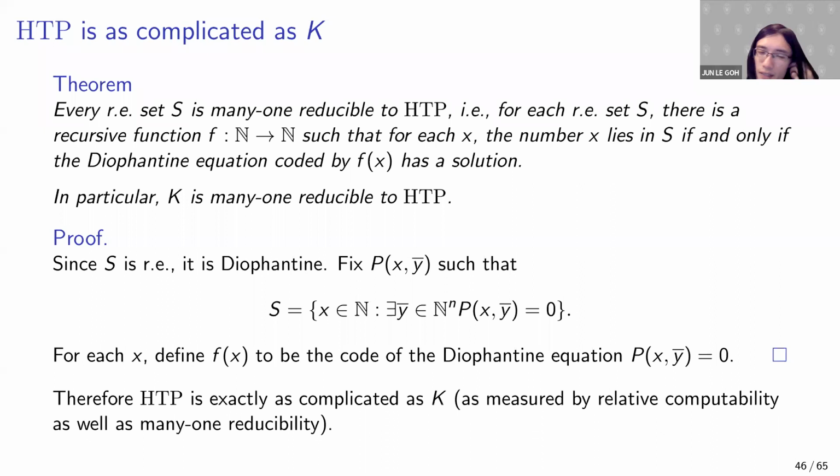Well, the point now is that we know that HTP is exactly as complicated as the halting problem K. What is my measure of complexity here? Well, you can either take relative computability as given by Oracle Turing machines, or you can take many-one reducibility. These two sets are equivalent in both of those senses.